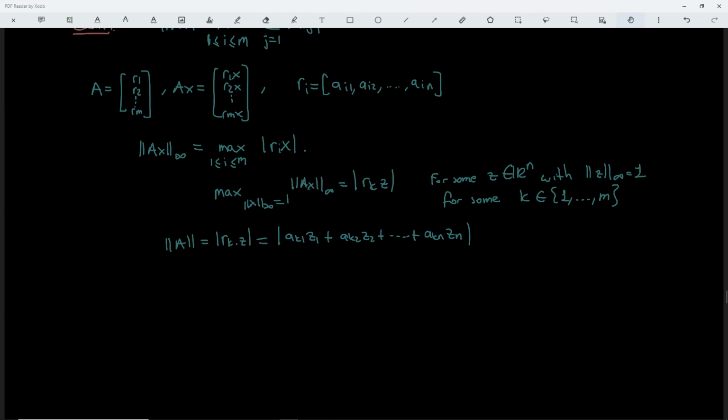All right, then I can claim that that absolute value is less than or equal to the sum of the absolute values of the individual terms, and furthermore that is equal to the absolute value of ak1 times the absolute value of z1, plus the absolute value of ak2 times the absolute value of z2, up to the absolute value of akn times the absolute value of zn.